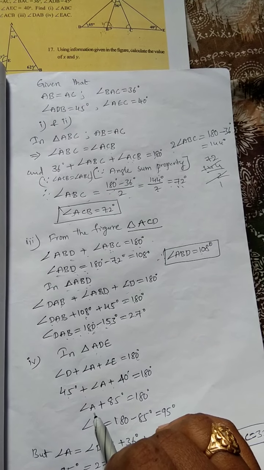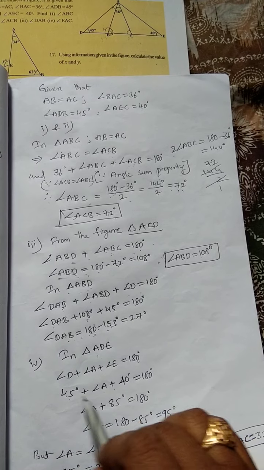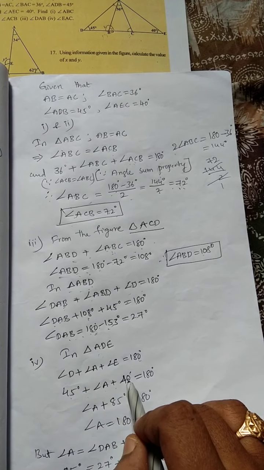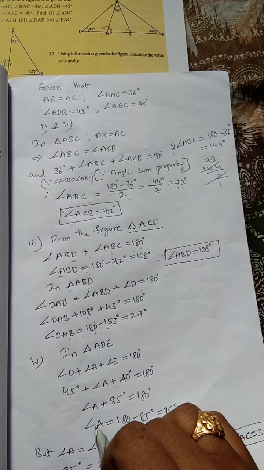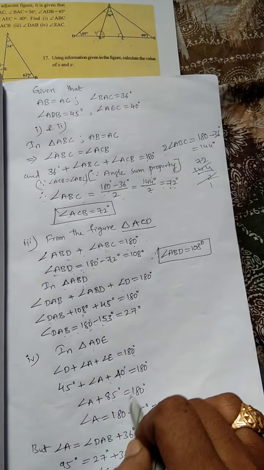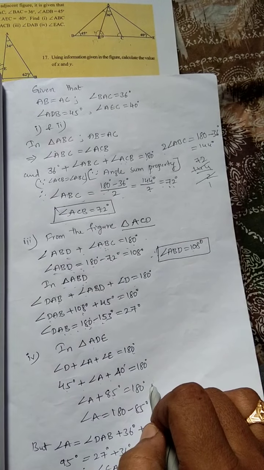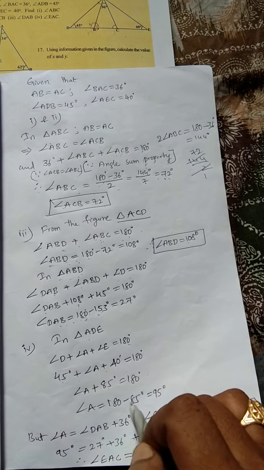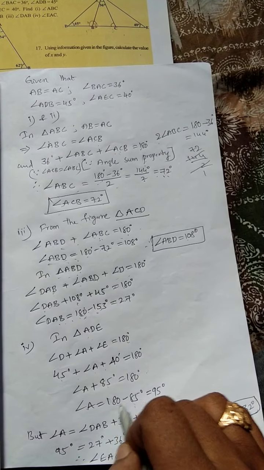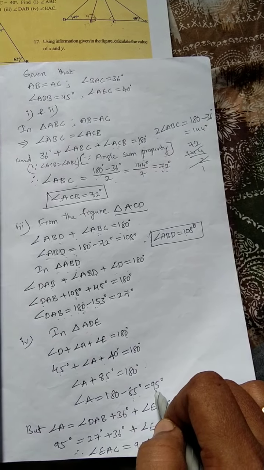Now we need to find angle A. The sum of these two angles, 45 plus 40, is 85. So angle A is equal to 180 minus 85, and if you do the subtraction you will get 95 degrees.